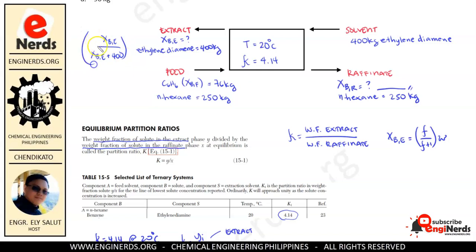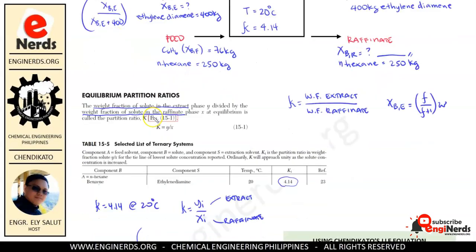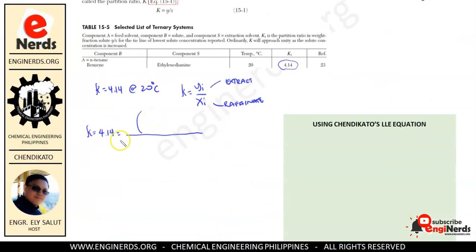So, that is our mass fraction of the solute. So, we have XBE over 400 plus XBE. Okay, so that is our extract.